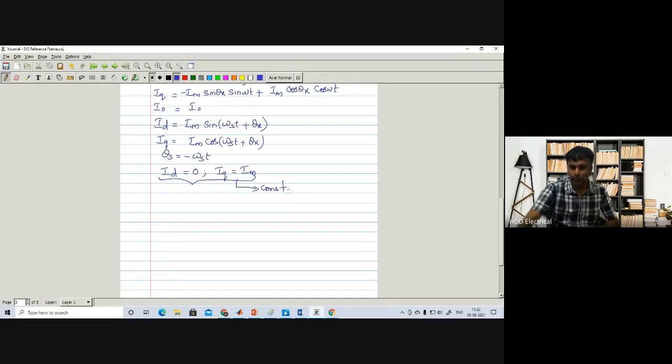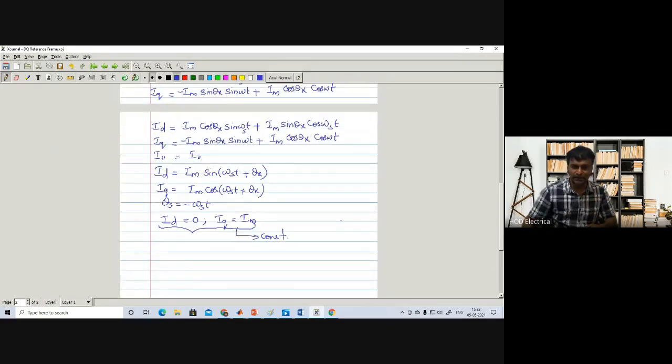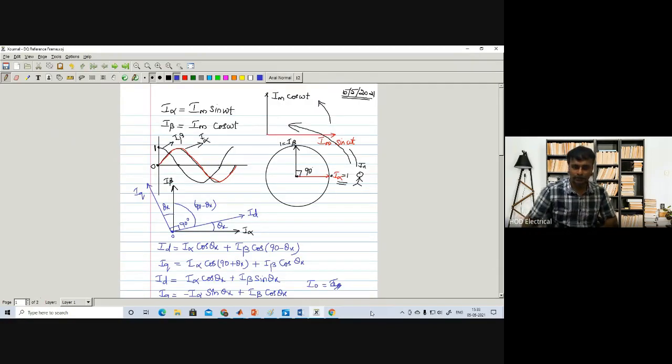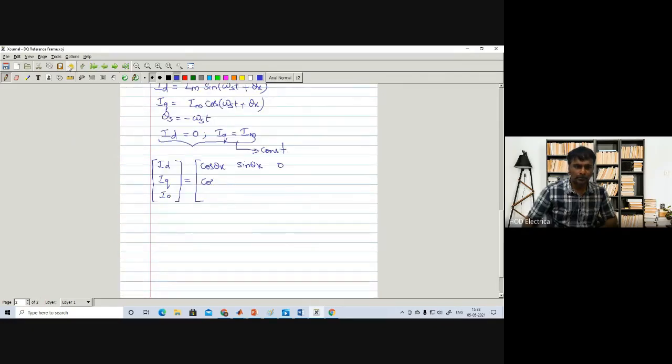This is what we are going to prove using this simulation. So in this case, we know the matrix I am going to use: ID, IQ and I naught equal to cos theta x, sin theta x, 0, then minus sin theta x, cos theta x, 0, then 0, 0, 1, into I alpha, I beta, I naught.